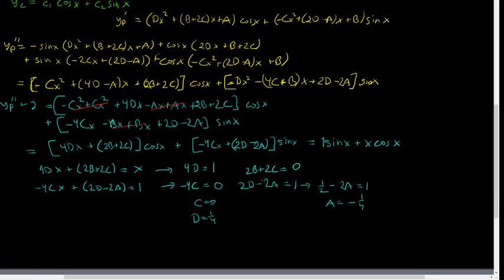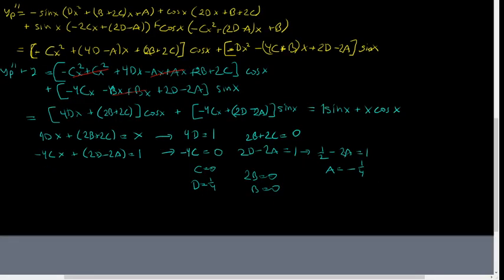And finally, 2b plus 2c. So c was 0, right? C was 0, so 2b equals 0, which means b is 0. Okay, so I think that gives us our particular solution.